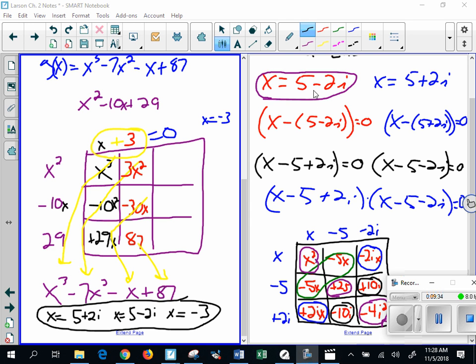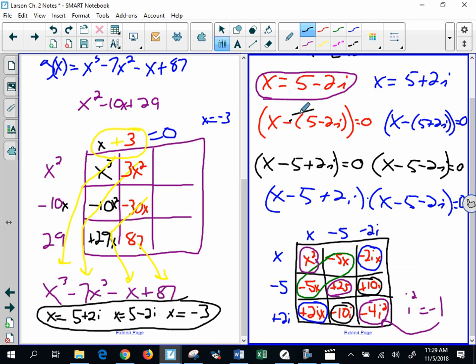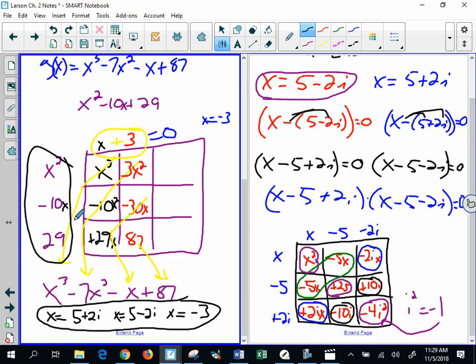Then, if we know the zeros or the roots, we should be able to find the factors that gave us those zeros, do a little distributing, and distribute our negative, make a big box out of that thing, and it's going to turn out to be some version of a quadratic, which was over here. Now we can take this quadratic, divide it into the original function, and find out our last root.